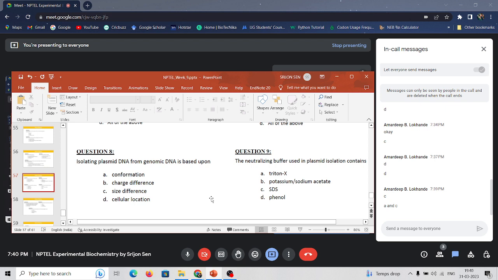Okay. And number 9, the neutralizing buffer used in plasmid isolation contains. What does the neutralizing buffer contain?